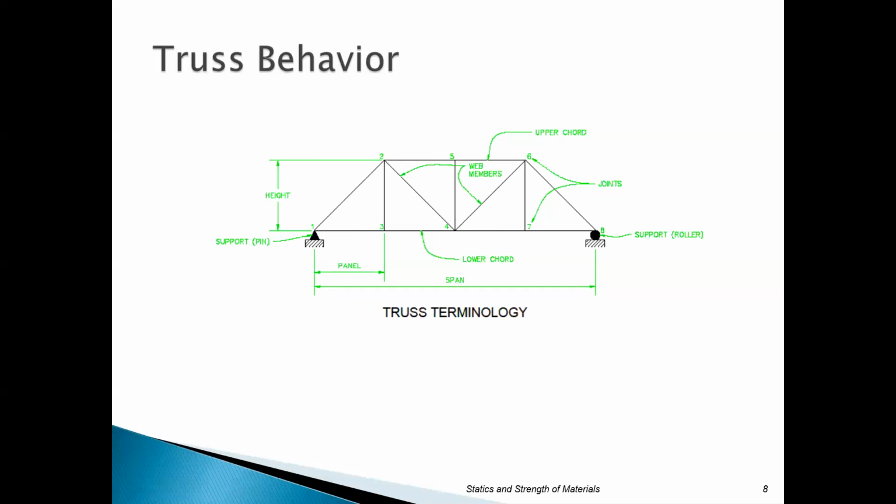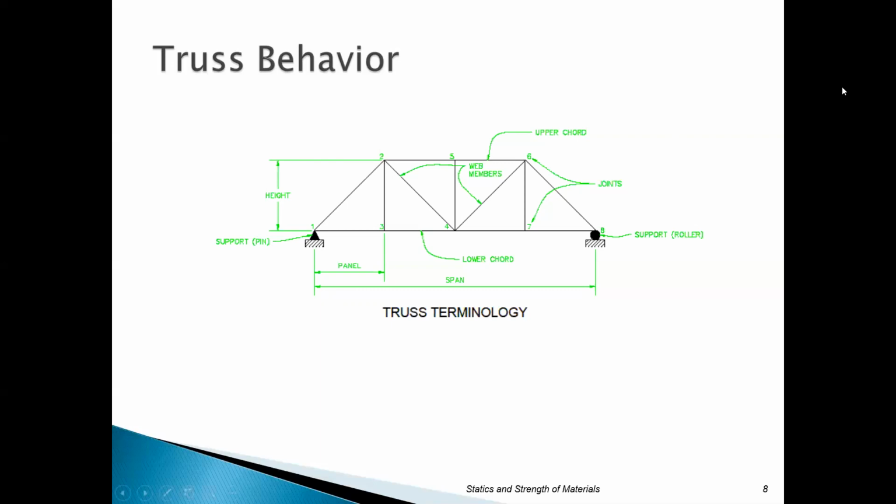So if we go 1 to 2, 2 to 3, 2 to 5, those become what are called web members. And as far as analyzing this truss goes, it really doesn't matter whether you're working at an upper chord or lower chord, because you're just going to solve joints. So that doesn't really come into play too much.